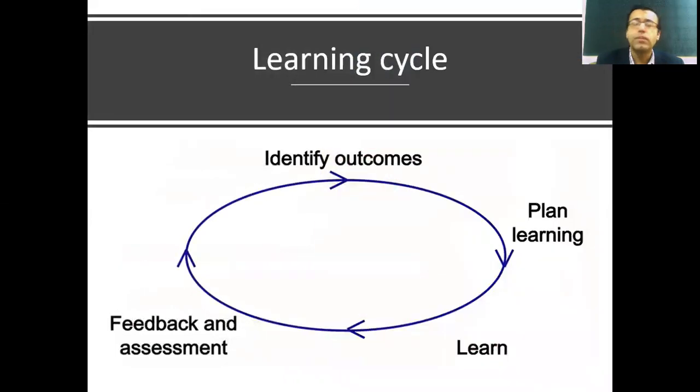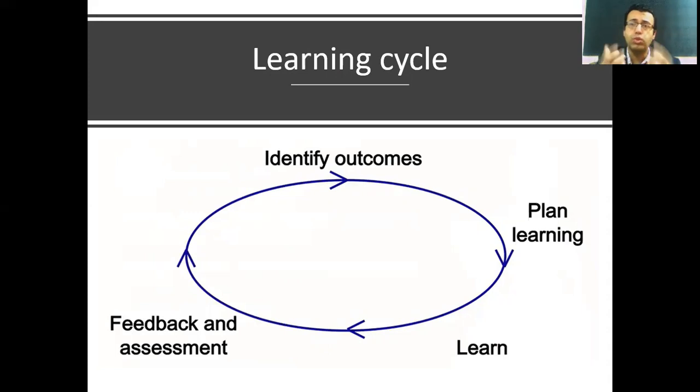Learning cycle. Number one, we should identify the outcomes of the course and then plan for learning how to conduct these, how to teach students these outcomes, how to reach understanding of these outcomes. Is it will be through lectures, traditional lectures, or through problem-based learning or case-based learning, flipped classroom, assignments, and so on.